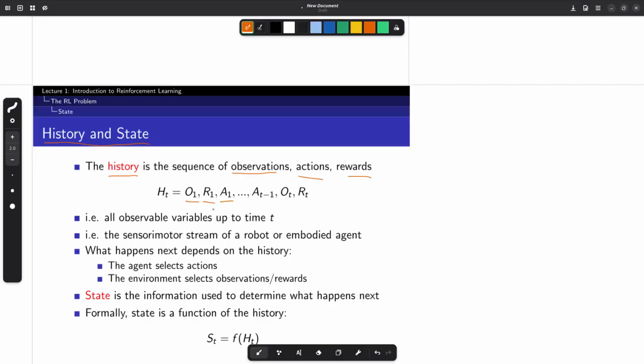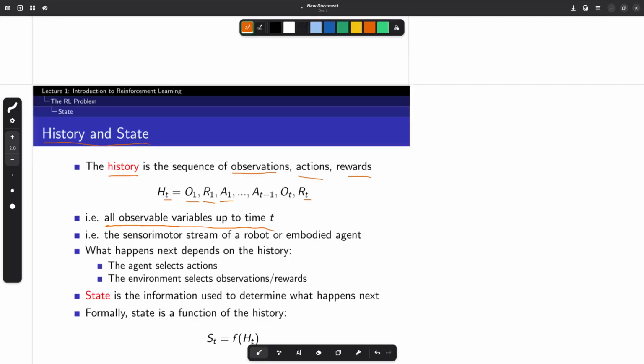So if you put all of them together in time step T, all of the observations, rewards, and actions that we have seen in the previous steps up to time T will be our history. So, in other words, it is all of the observable variables up to time t.